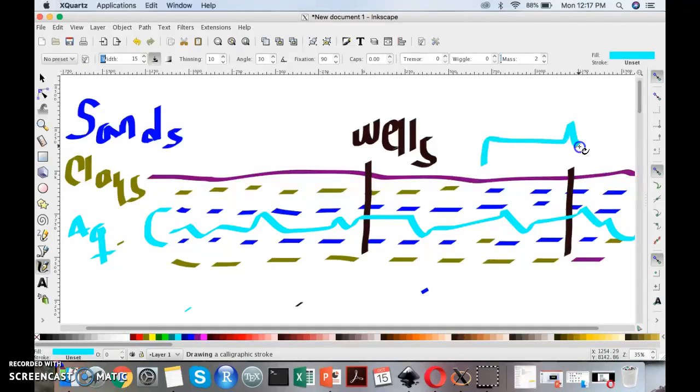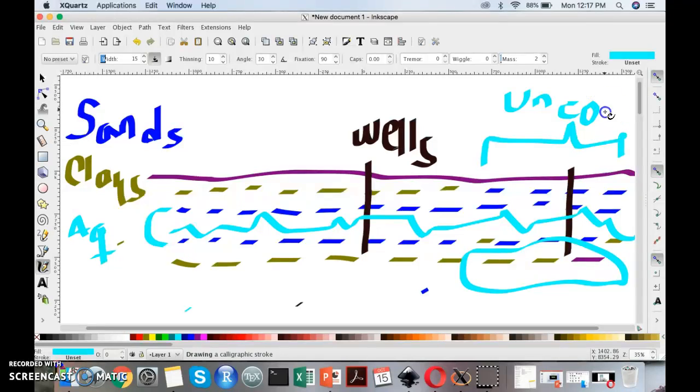So over here, although I have clays here at the bottom, those clays are not going to affect the water that is flowing through the sands. The water may potentially flow upwards or downwards up to here. So that's an unconfined aquifer.